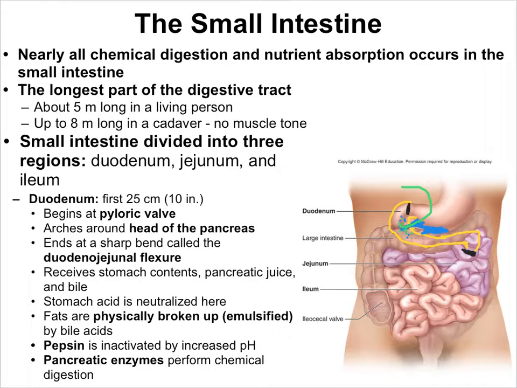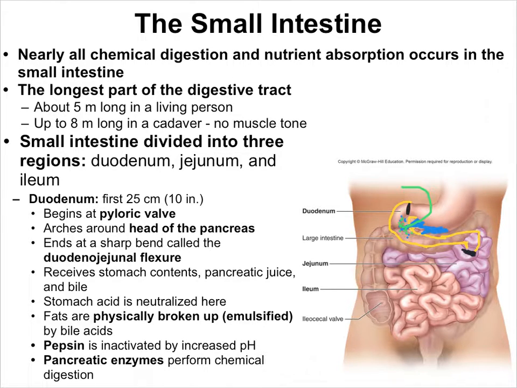The specific functions of pancreatic juice we'll get into a little bit more depth when we cover the pancreas, but pancreatic juice contains basically two things. One is a basic buffer, mostly sodium bicarbonate.